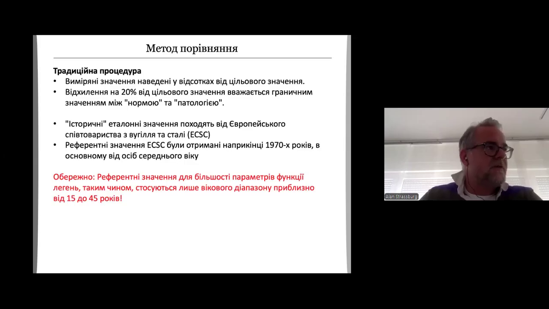The historical reference values we use here back in Germany originate from the European Coal and Steel Community, and they were measured in the 70s and 80s of the last century. And obviously, those values were measured in young men between 15 and 45 years, who were lung healthy.